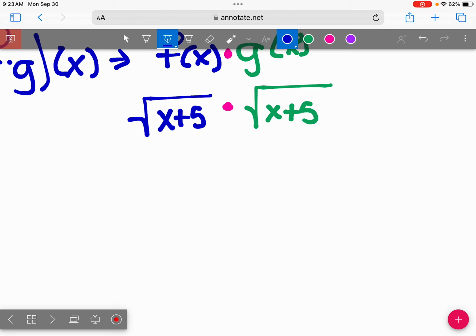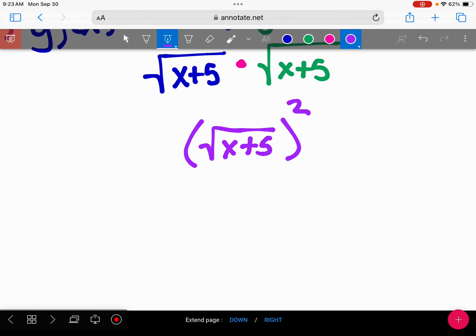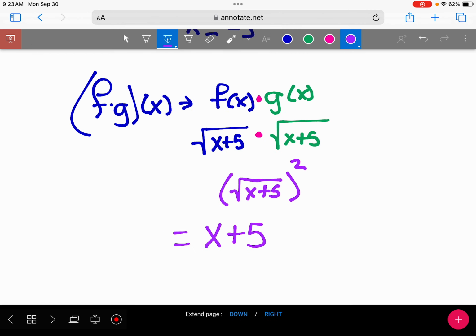This is the same thing as if I wrote the square root of x plus 5, that goes all the way across, squared, right? So what does f times g of x equal? X plus 5. So if we were just looking at this piece, what shape is this?